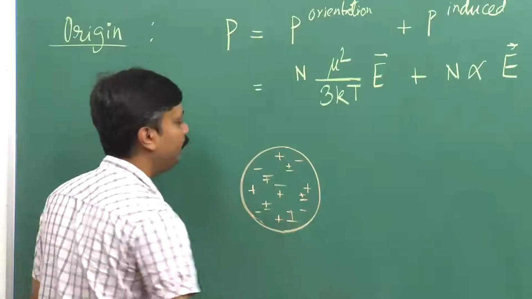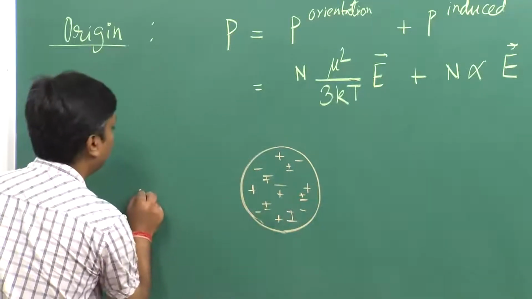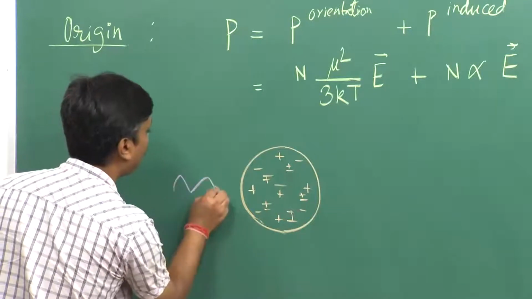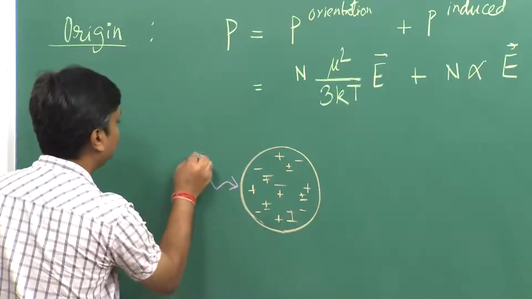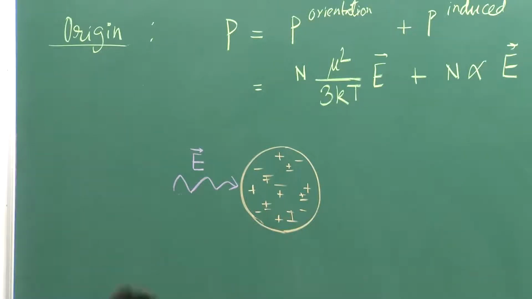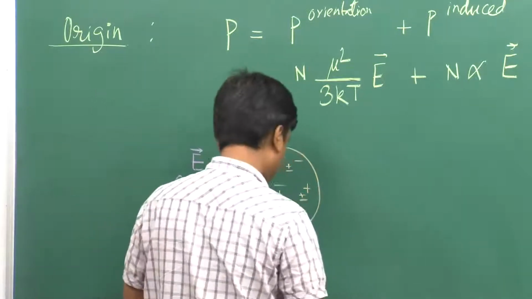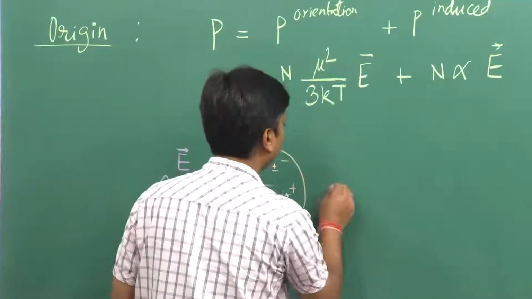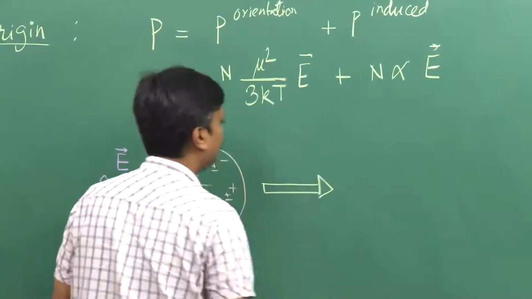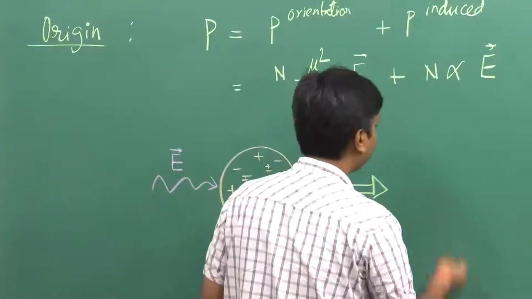So it's very much isotropic in nature. Now when I have an input light coming associated with an electric field E, the response is the creation of an anisotropy, right.